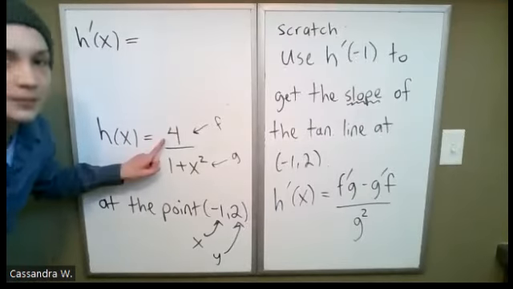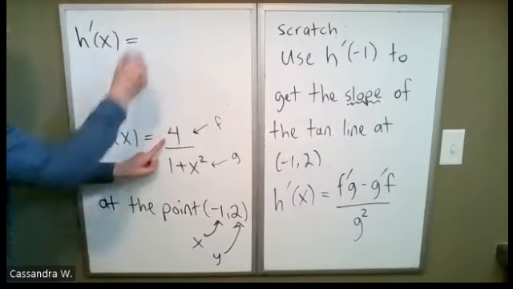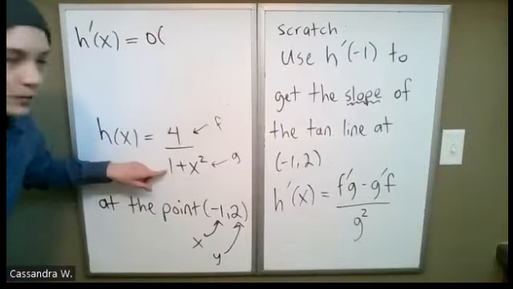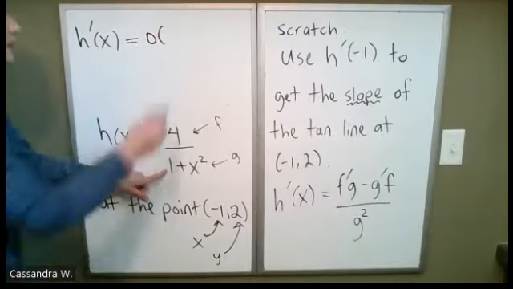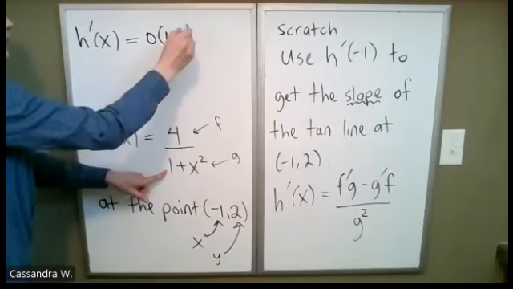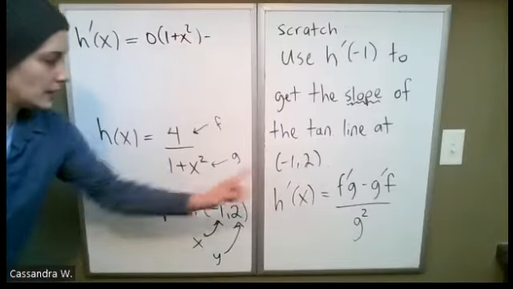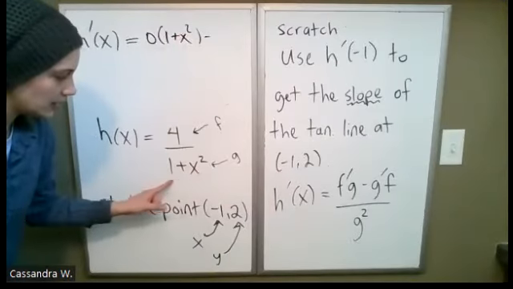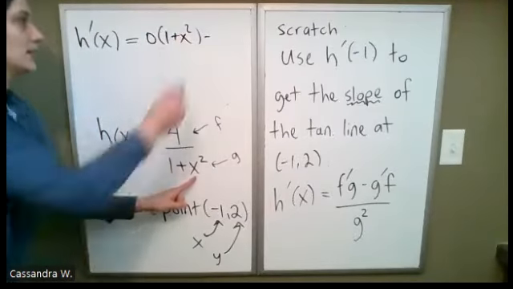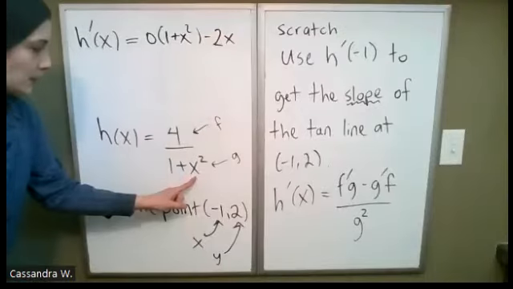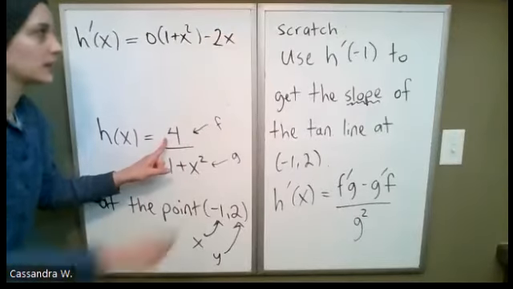Okay, f prime is going to be 0. Multiply by 1 plus x squared. Subtract g prime. Okay, derivative down here is going to be 0 plus 2x. Multiply by 4.